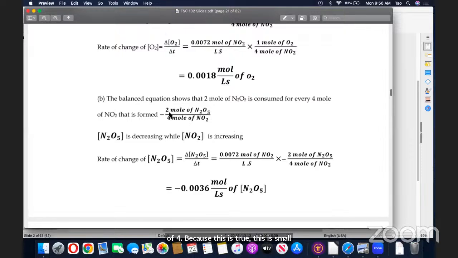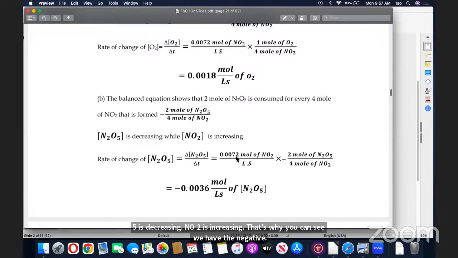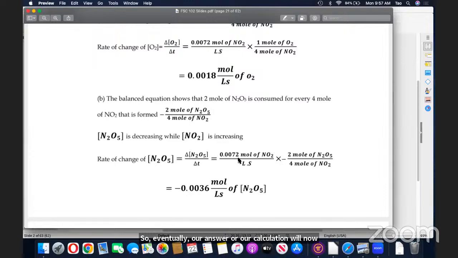Now, that means we have 2:4, but we are putting a negative now because N2O5 is a reactant. While N2O5 is decreasing, NO2 is increasing. That's why you can see we have the negative. So eventually, our calculation will be the rate of formation of NO2 multiplied by that mole ratio, which is -2:4.